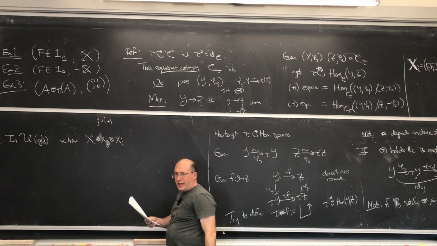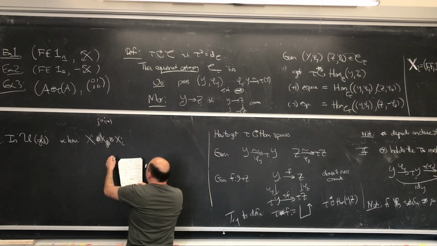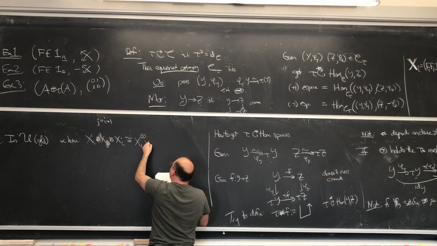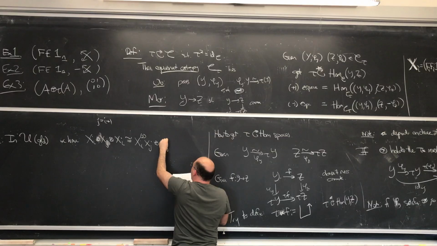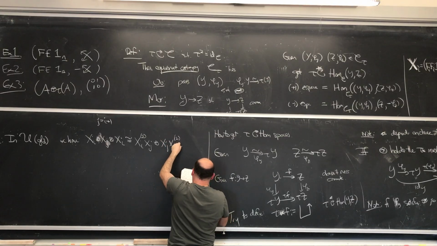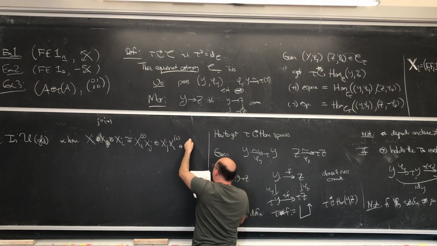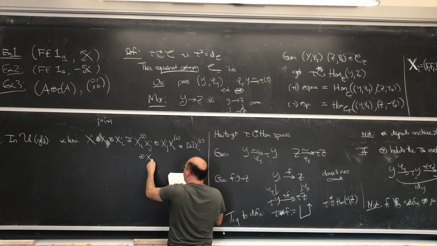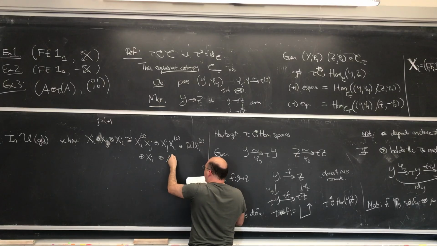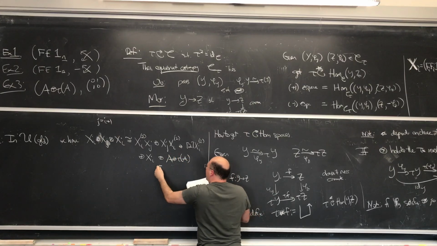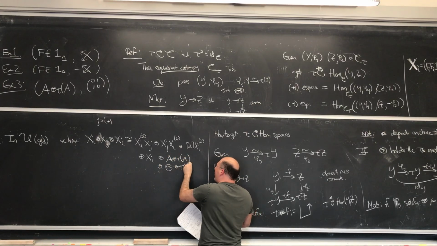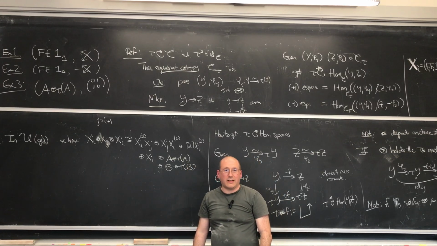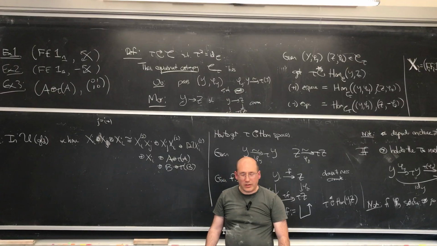If you tensor X_i, X_j, X_i and decompose it into summands, you get X_i divided by 2 X_j plus X_j X_i divided by 2, plus quantum 2 copies of X_i divided by 2, plus 1 copy of X_i, plus a plus tau of a, plus b plus tau of b for some other b that I'm not going to bother to write down. It's got a lot of summands. It's a big thing.